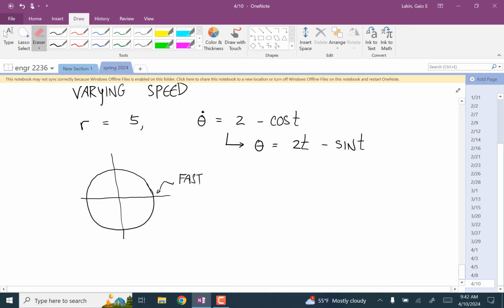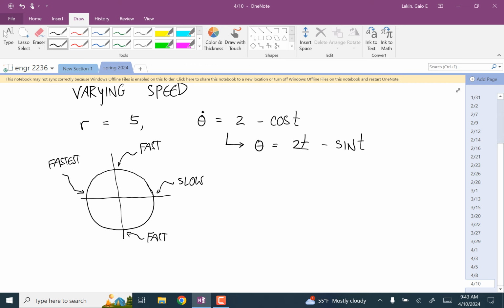No, it's going slow here. Fast here. Fastest here.